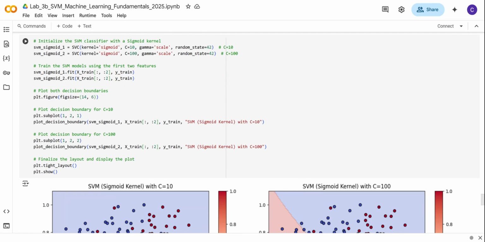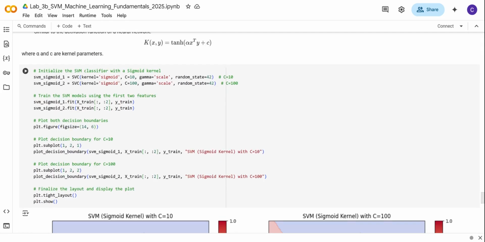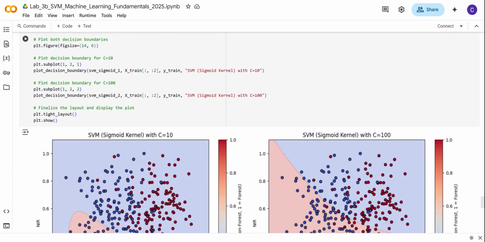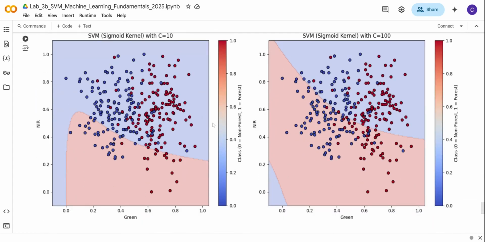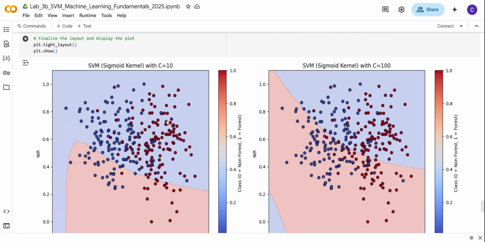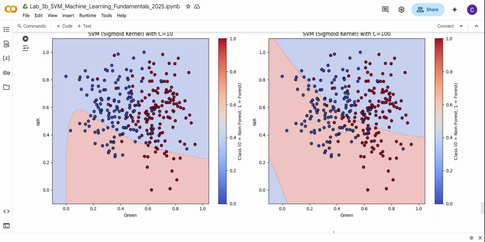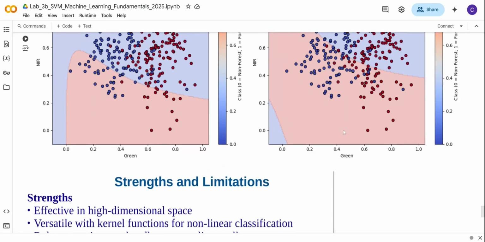Here, if we run with a regularization parameter of 10 and 100, this is the result that we get. Again, not quite useful, but this is just a depiction of the different types of nonlinear support vector machine kernels.